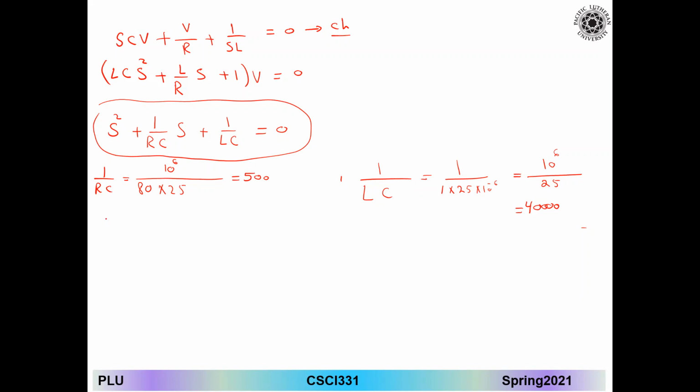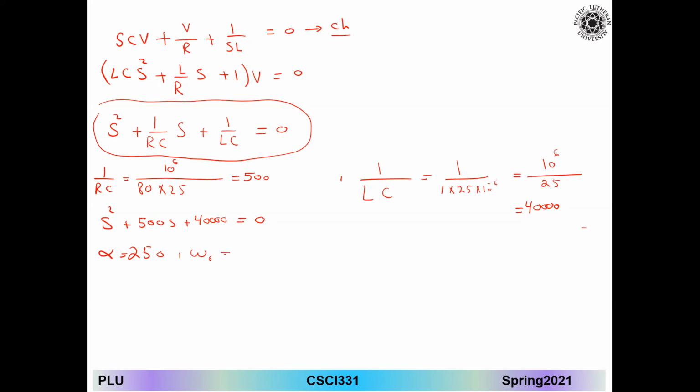So now our characteristic equation is s square plus 500 s plus 40,000 equals 0. Now my alpha will be 250, right? Just 500 divided by 2, 250.